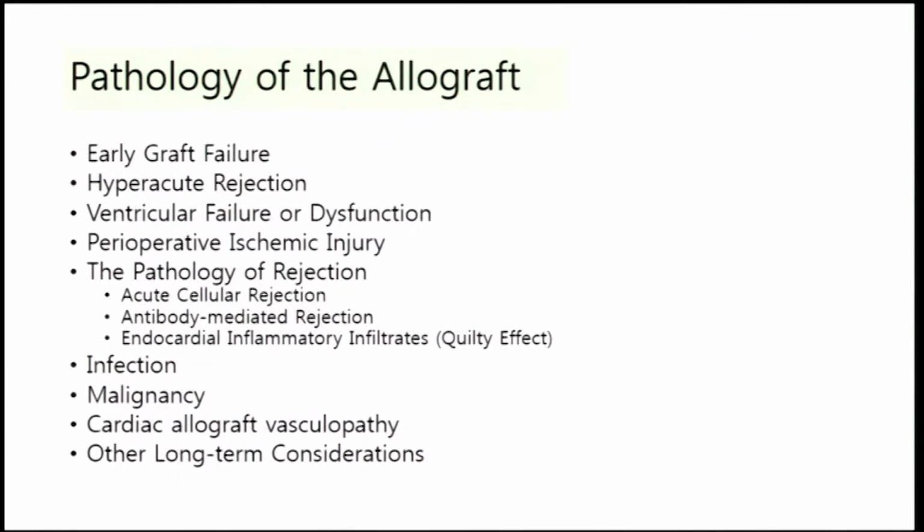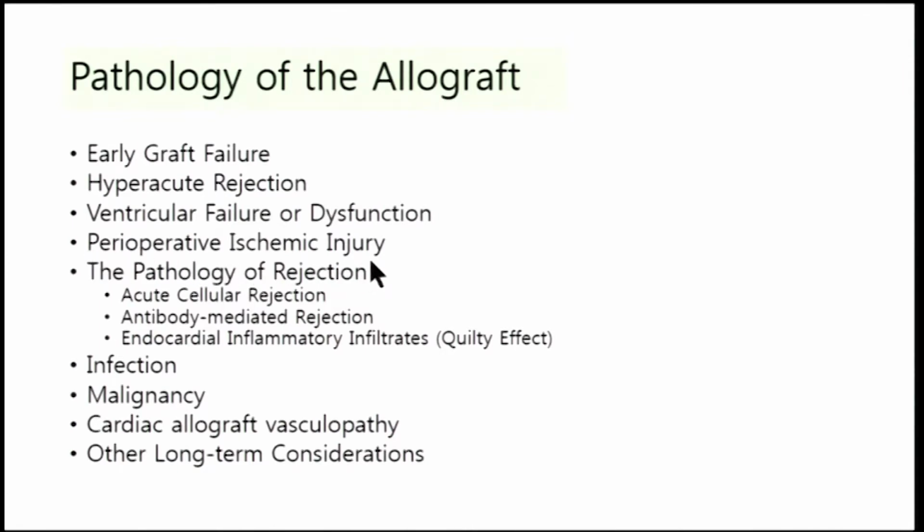Then the pathology of the allograft heart is the real topic today. The pathology of allograft is not limited to the pathology of rejection. Other conditions may also complicate and manifest in the endomyocardial biopsy. Infection is one of the most important conditions that has to be excluded from the beginning.